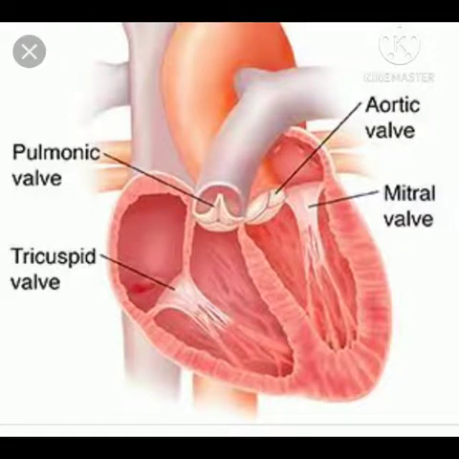The 4 valves are tricuspid valve, bicuspid or mitral valve, pulmonary valve, aortic valve. You can see all 4 valves in the given picture.